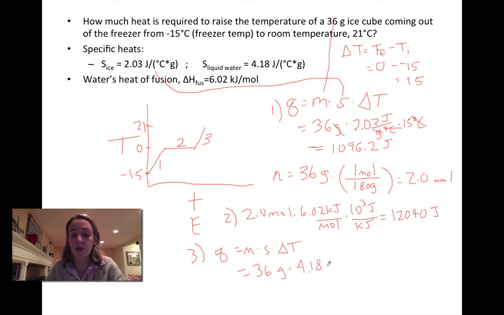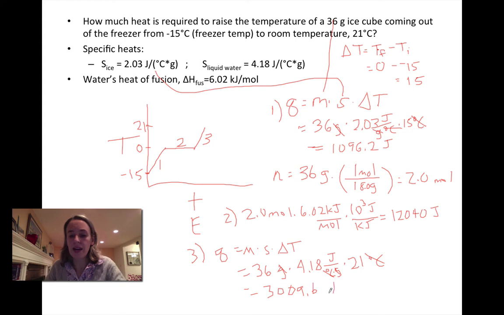So that's 4.18 joules per degree Celsius per gram. And my change in temperature, final temp is 21, initial temp is 0, so that's a difference of 21 degrees Celsius. And when I multiply that all together, I end up with 3,009.6 joules. Units cancel out just like they did last time.